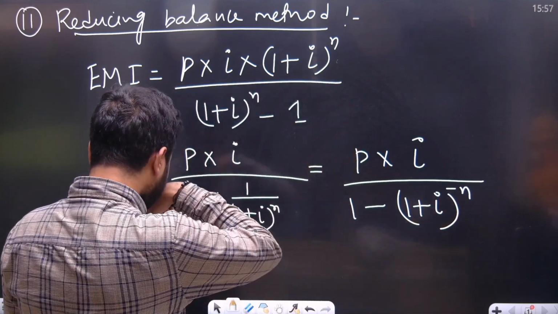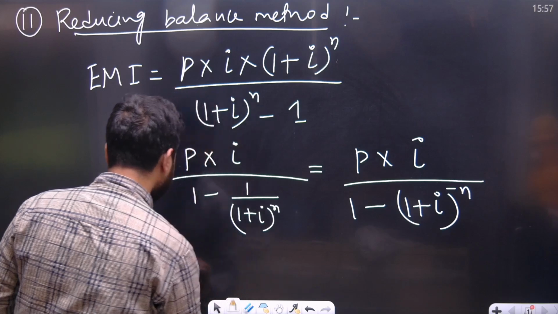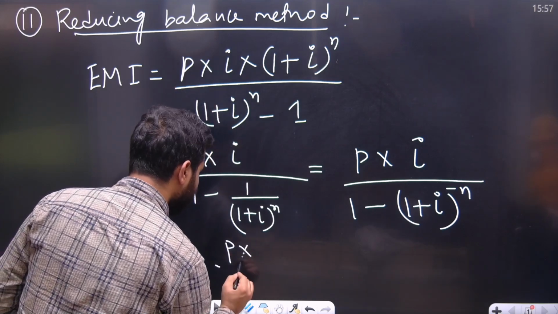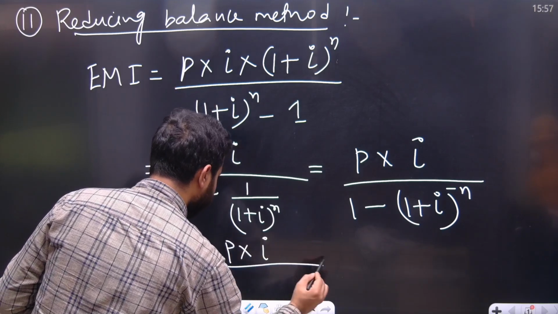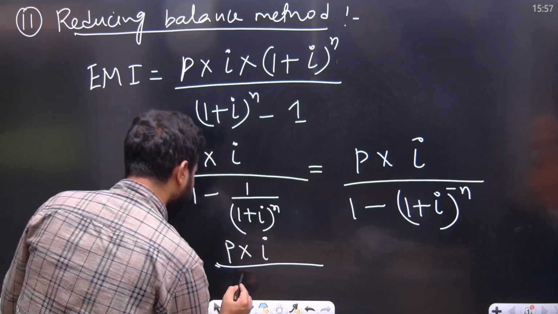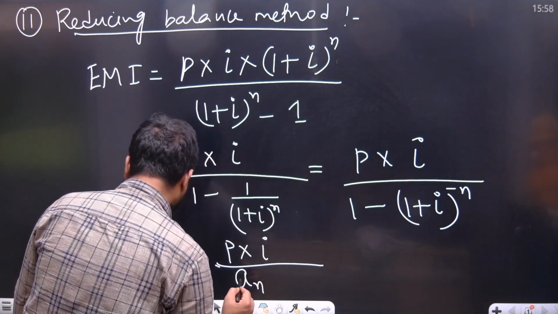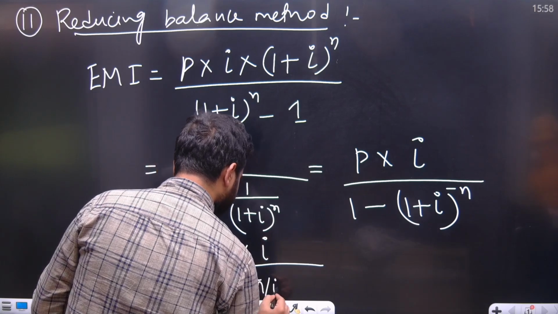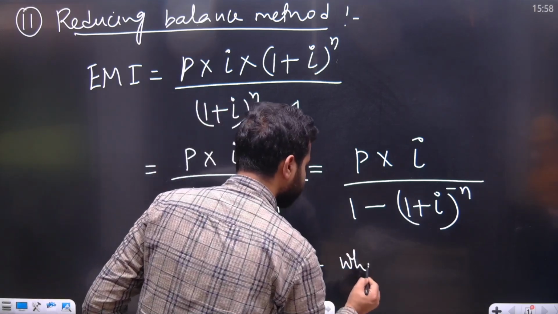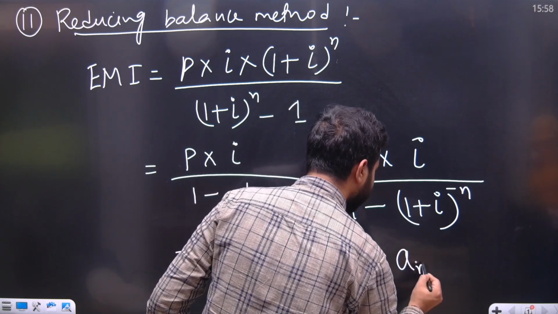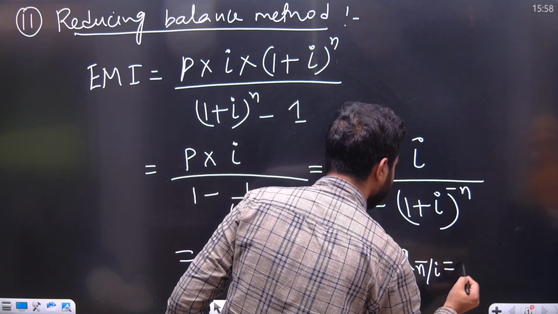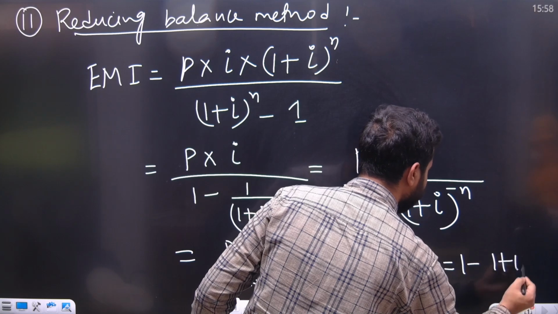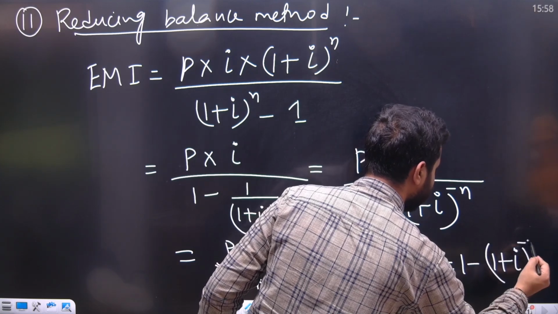Clear? And you can also write like this, P by P into I by A n bar divided by I, where A n bar divided by I is equal to 1 minus (1 plus I) whole to the power minus n.